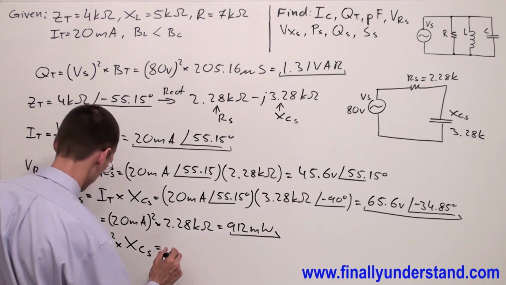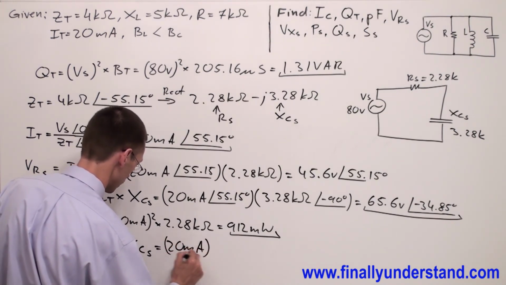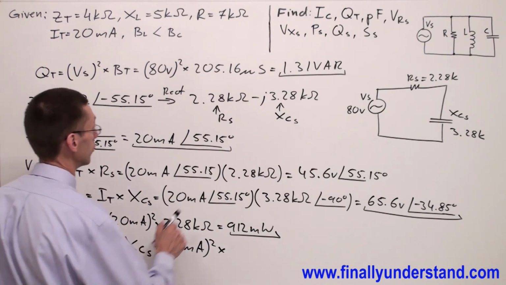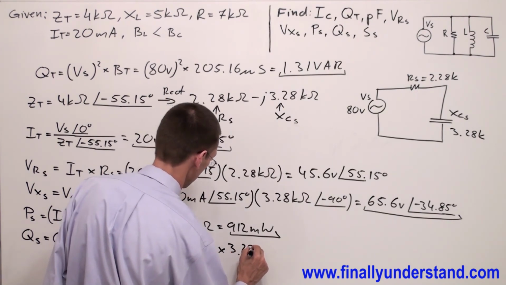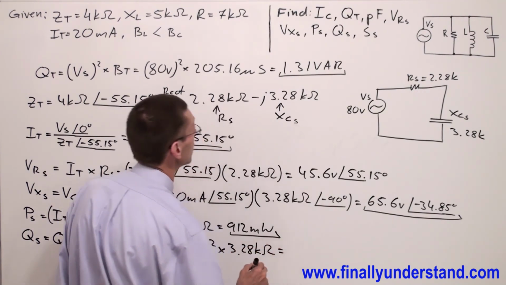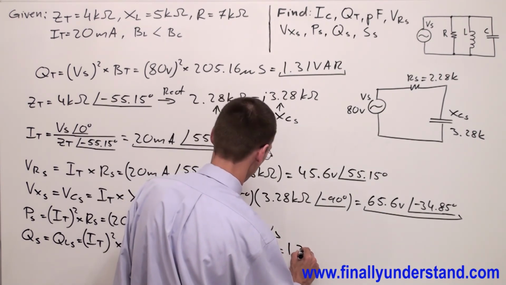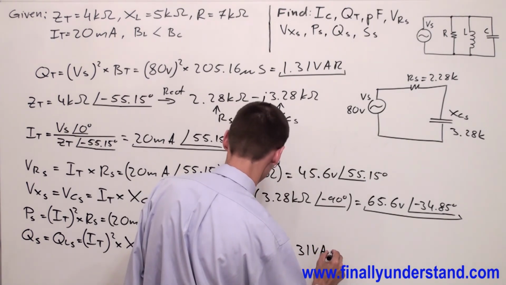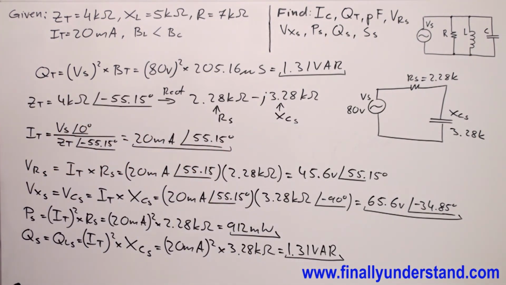This is 20 milliamps raised to the second power times XCS, and we found that XCS is equal to 3.28 kiloohms. This is equal to 1.31 volt ampere reactive. So this is my reactive power.